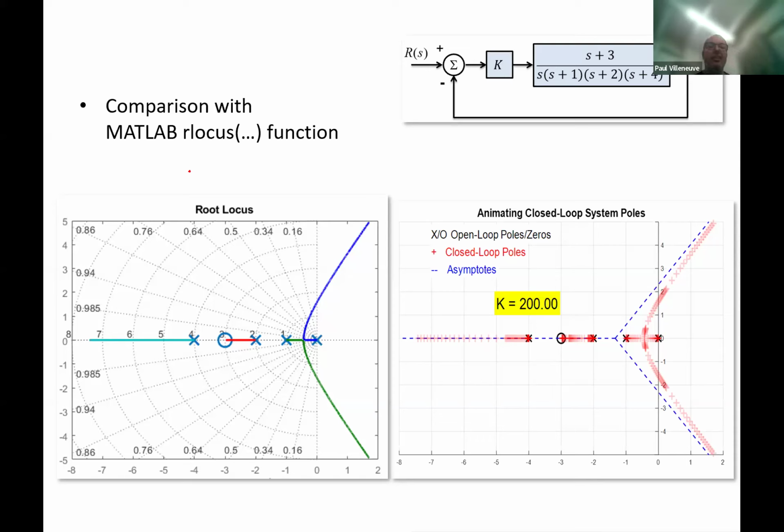You can see the dark blue is going this way. The dark green is going over here. The red is the easiest one because it starts at a pole, ends at a 0. And then the last one going over to infinity is the light blue. So you can get color coding for the different root locus plots that you're looking for.